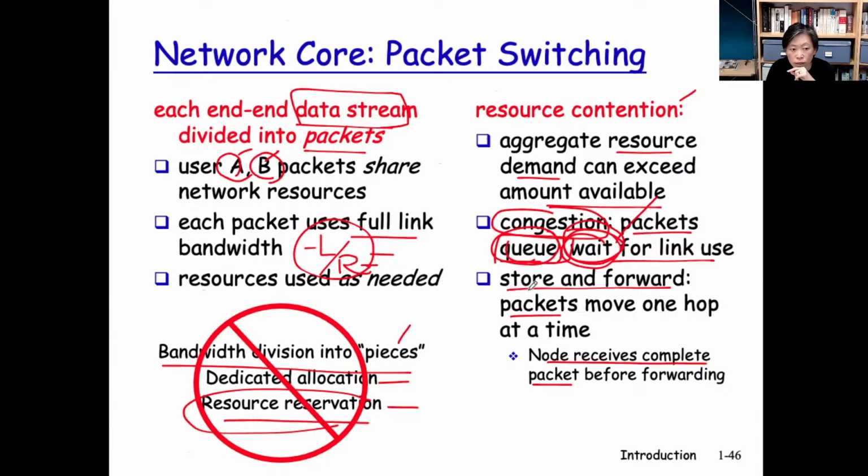This is called store and forward. So the router action in passing packets is to store the packet first and then forward the packet next. This mechanism determines how packets are moved, one hop at a time, meaning you have one of these L divided by R at every hop, every router.